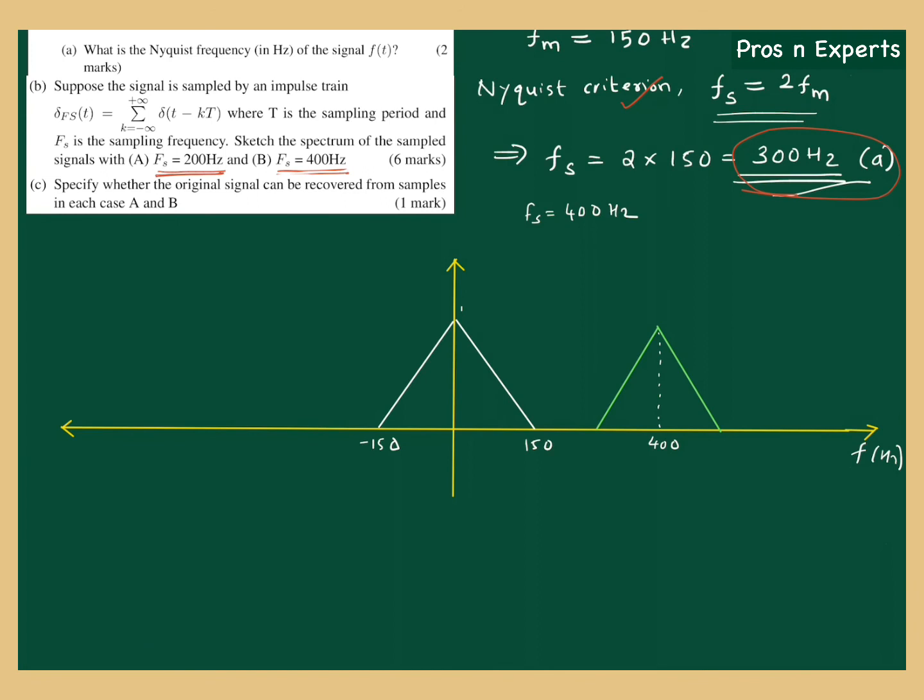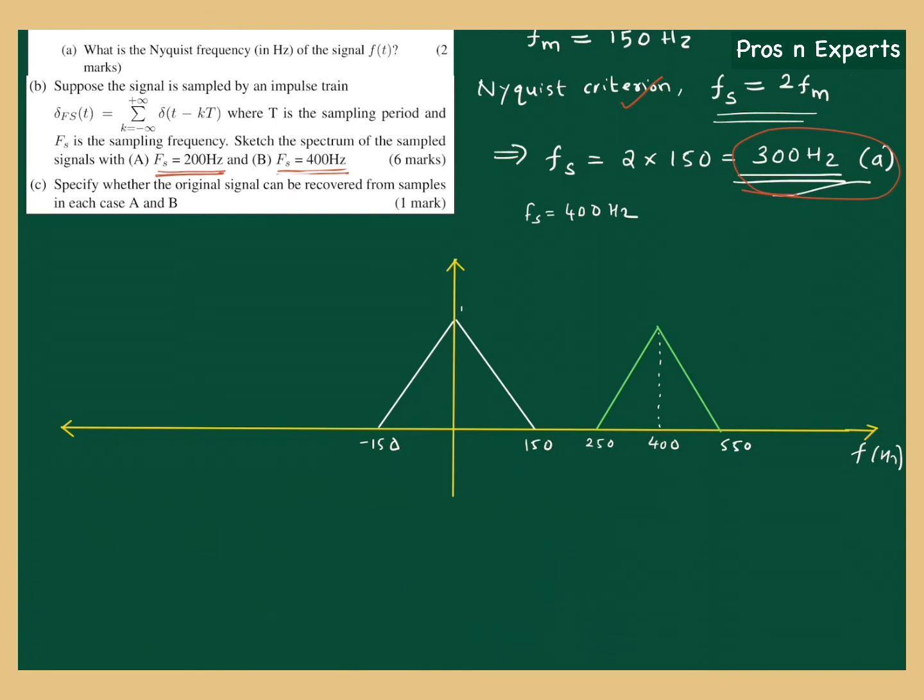This distance is 150, so 400 plus 150 is 550. And this value will be 400 minus 150, which is 250. Here you can see 250 is definitely greater than 150. There is no overlapping happening.